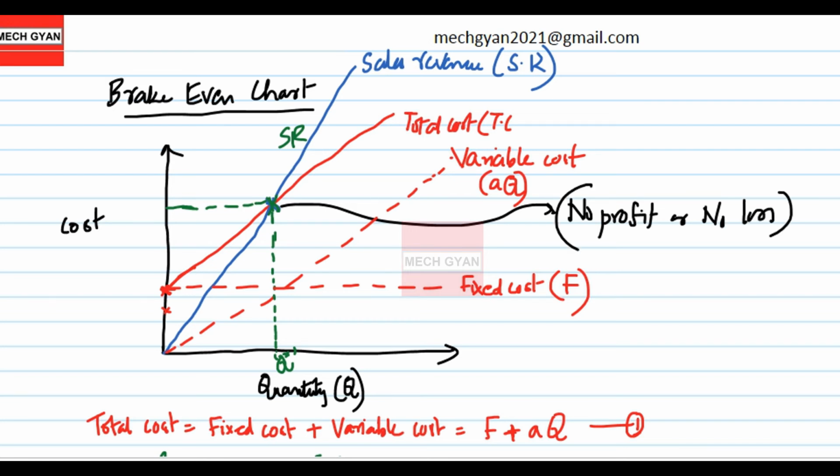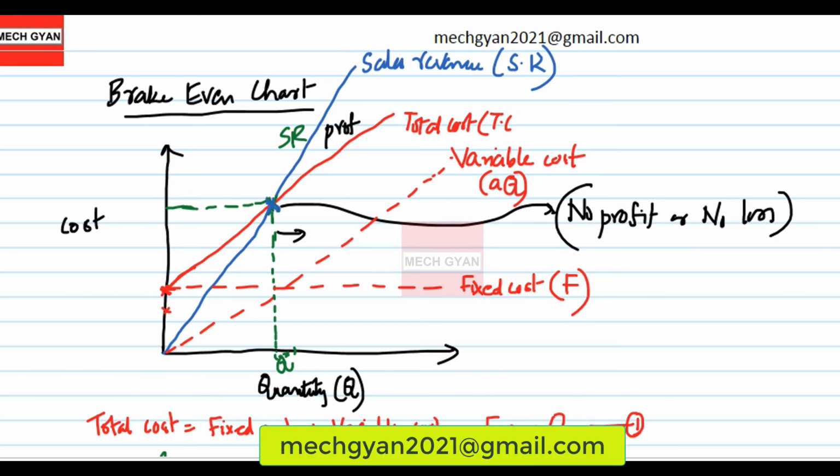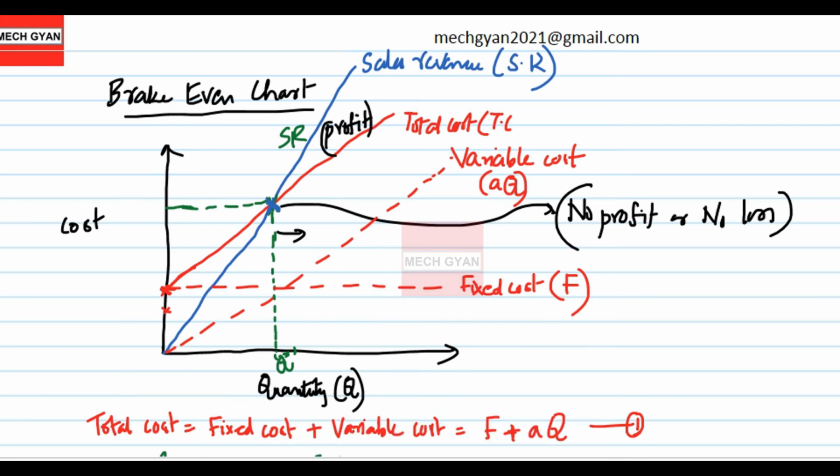When the quantity is greater than break-even quantity here, the revenue obtained from selling will be more than the total cost. So this area basically corresponds to profit. And when the quantity is less than the break-even quantity here, the sales revenue curve lies below the total cost curve, and we can say that the company has incurred loss.